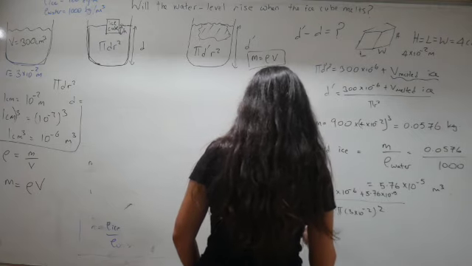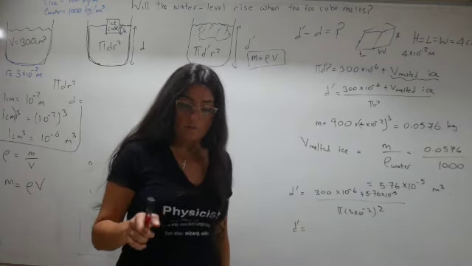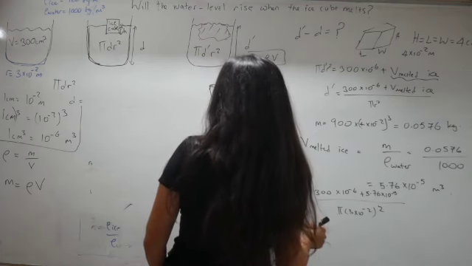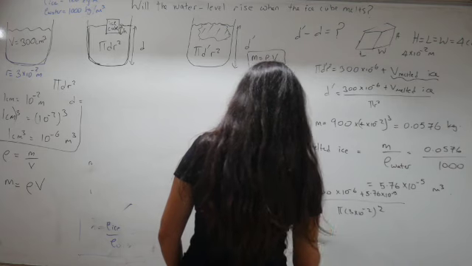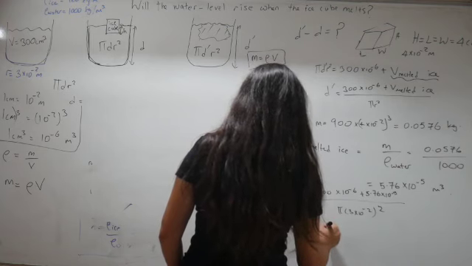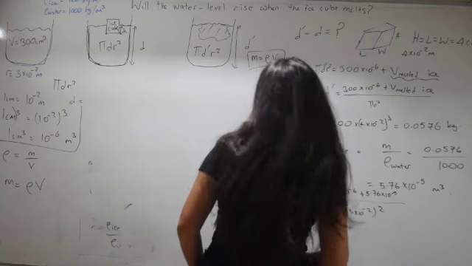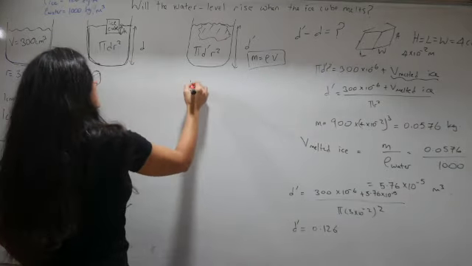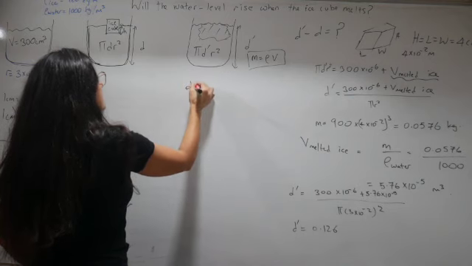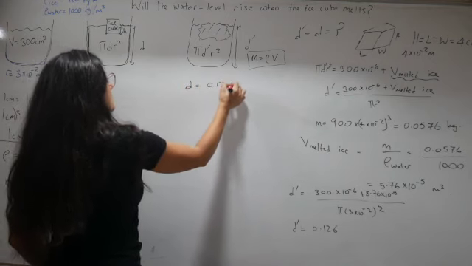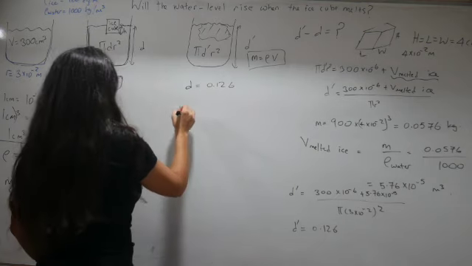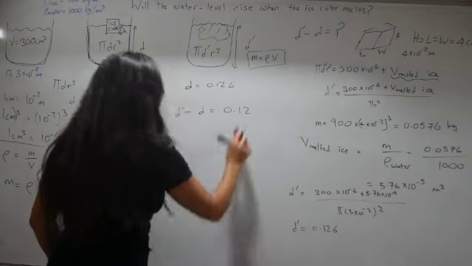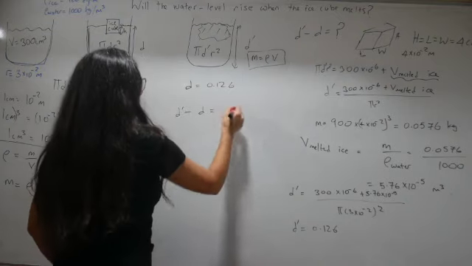You can check that with your calculator, it is going to give us d dash equals 0.126, and now I wiped it, but you can go back and see that d was also 0.126, so d dash minus d is 0.